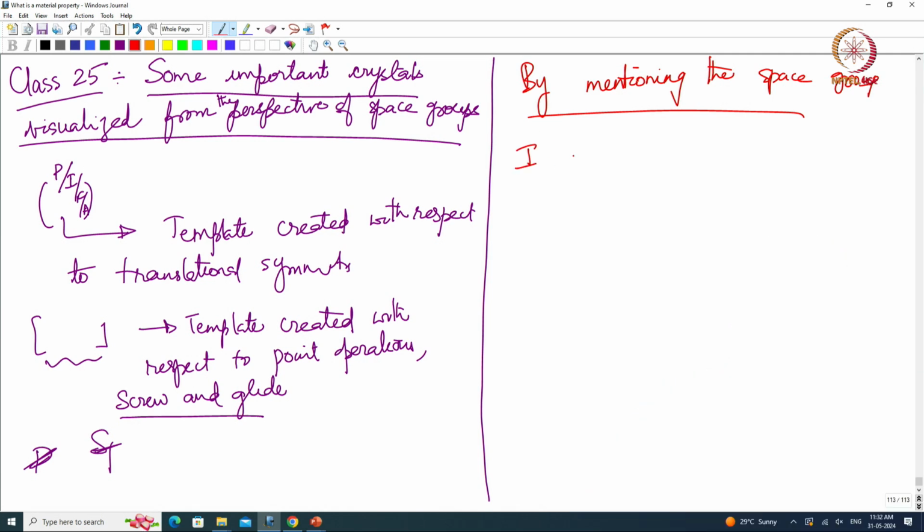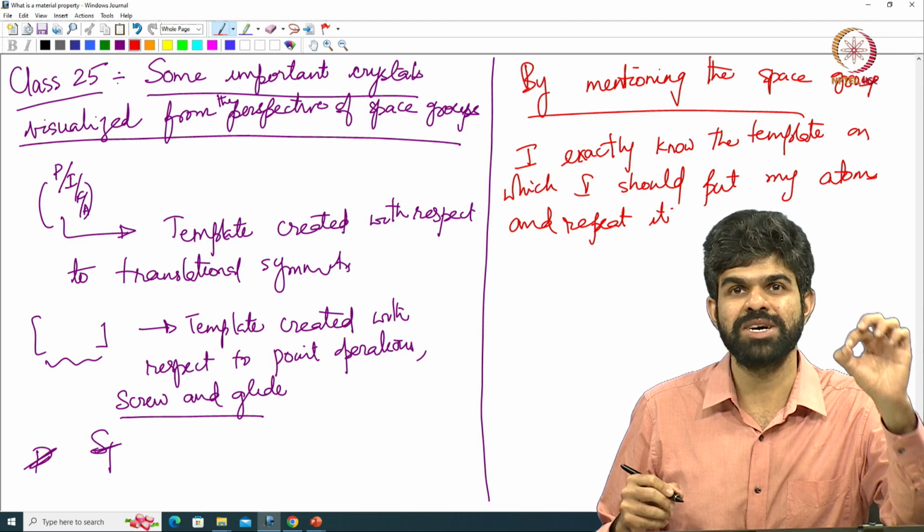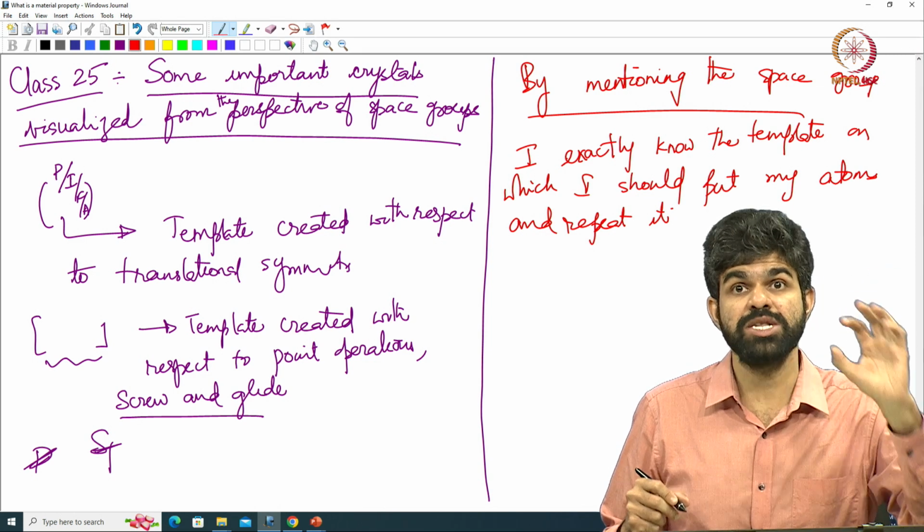I exactly know the template on which I should put my atoms, not motif really, all the atoms. Every individual atom, I know where to put the calcium atom in calcium carbonate, and the space group gives me the template.